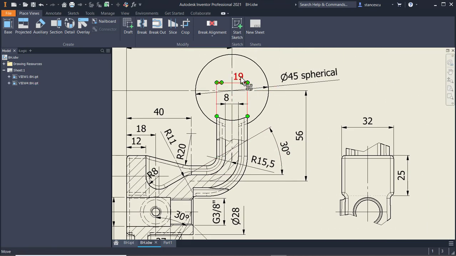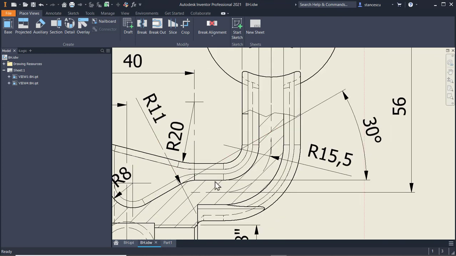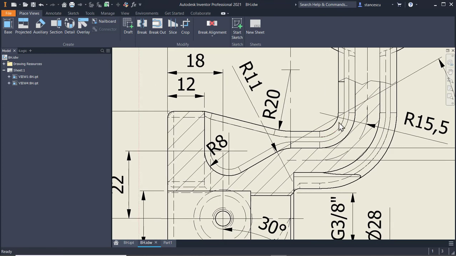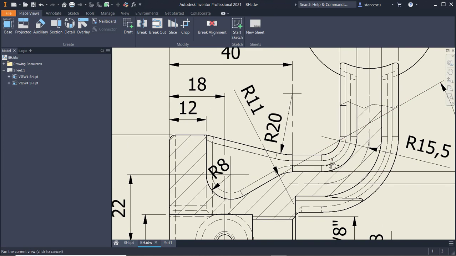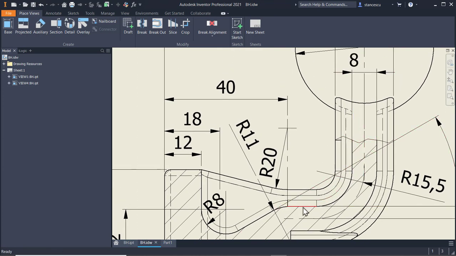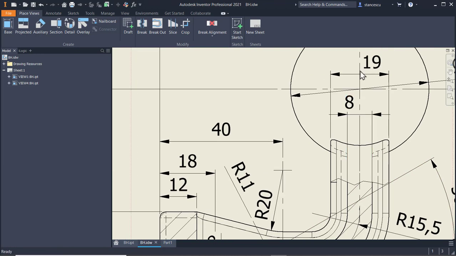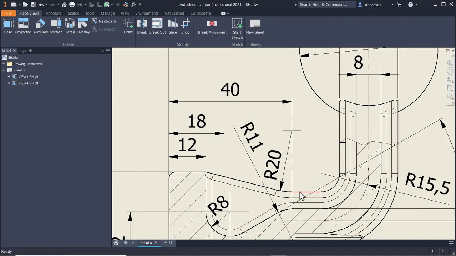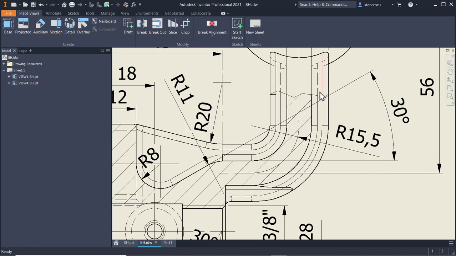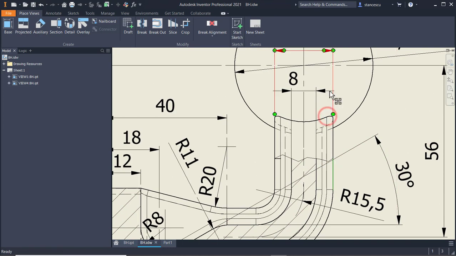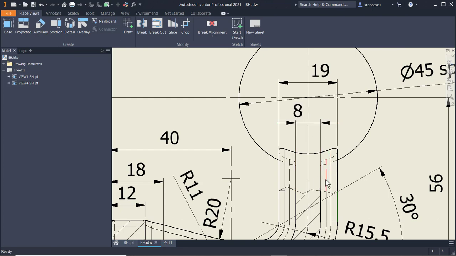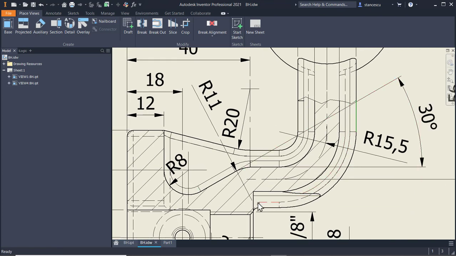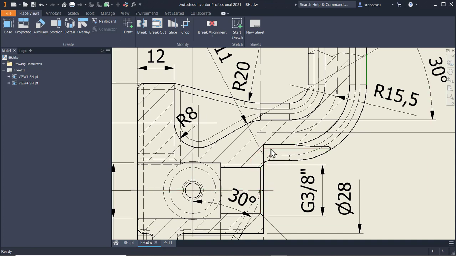Dimensions are 19 up and up it continues by being offset from this with a difference between 19 and 8, half of this, then a radius of 20 to this point. The other side is also with the difference between 19 and 8, half of it, to go to this front line.